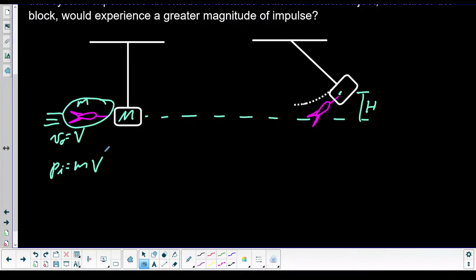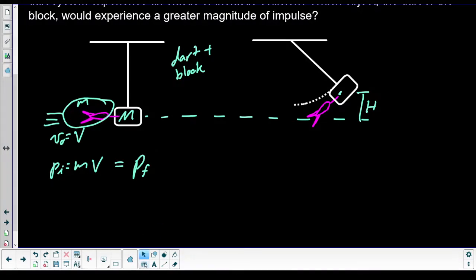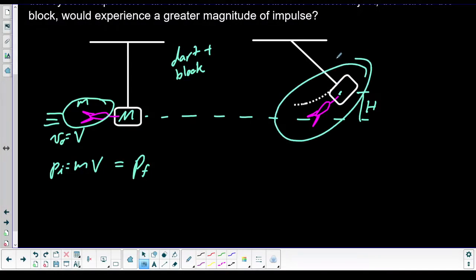In a closed system, so our system will be dart plus block, okay, now it's a closed system, momentum will be conserved. So we can say that this will equal our final momentum. After the dart hits the block, they're going to travel together like so.